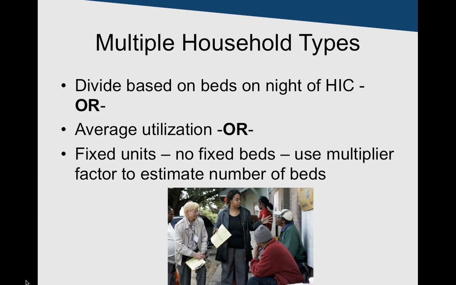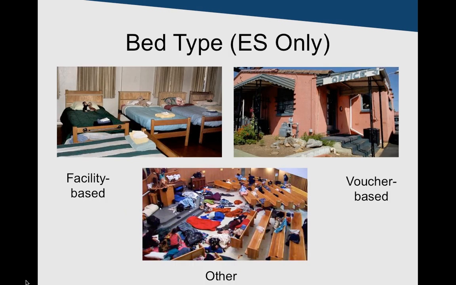And HUD has given us sort of the example that a unit has an average size of 3. So if you'd have 30 units times the average of 3 people within a unit, you would have 90 beds for households with at least one adult and one child.